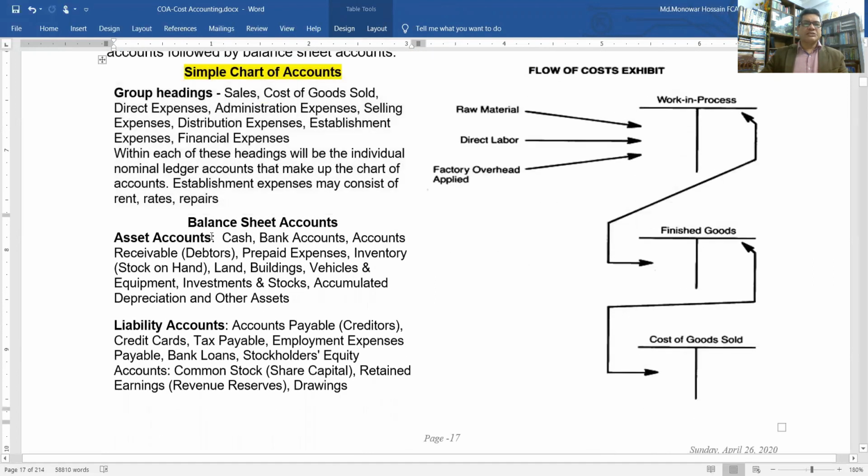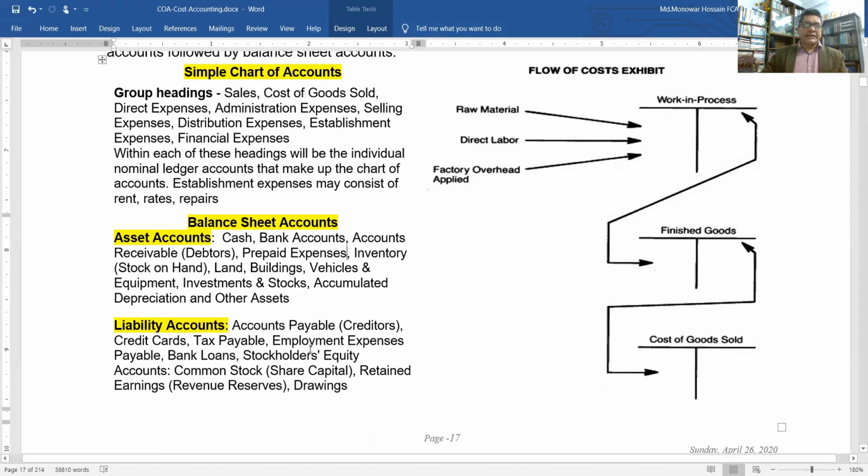And in the balance sheet, in the chart of account, we see the asset items as well as liability items. In the asset items, cash, bank, accounts receivable, debtors, prepaid expense, inventories, investment, accumulated depreciation, and other assets, etc. are shown.